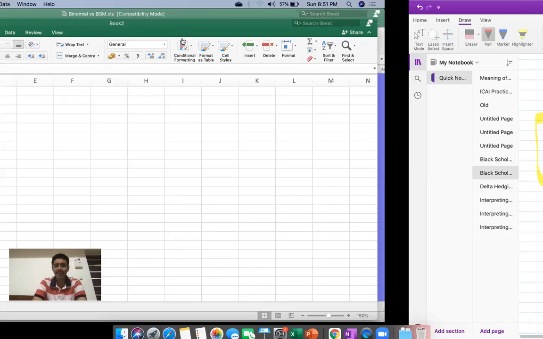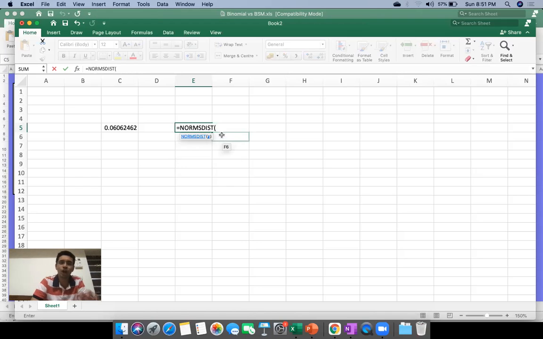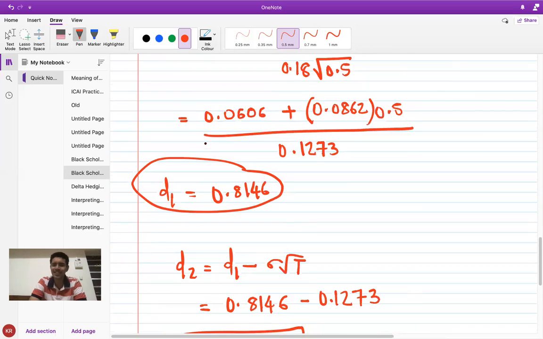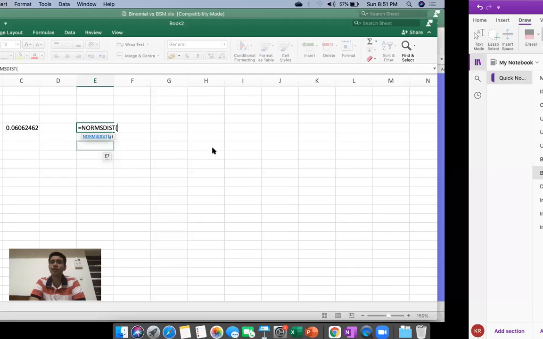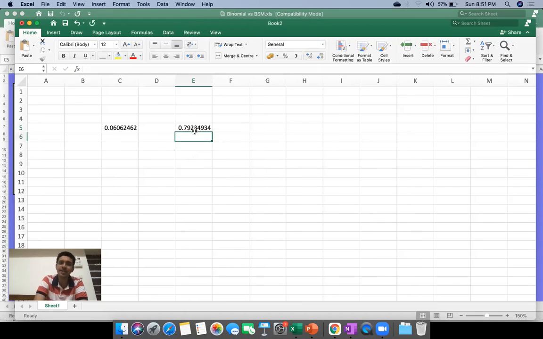In Excel we have a function called NORM.S.DIST, normal standard distribution, where the only input you need to give is the value of z.